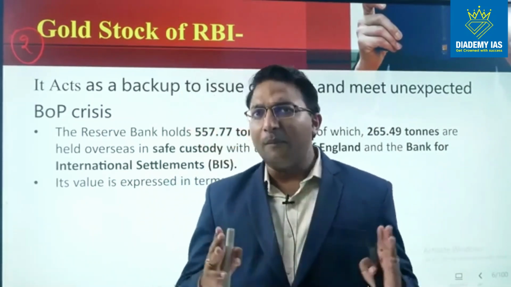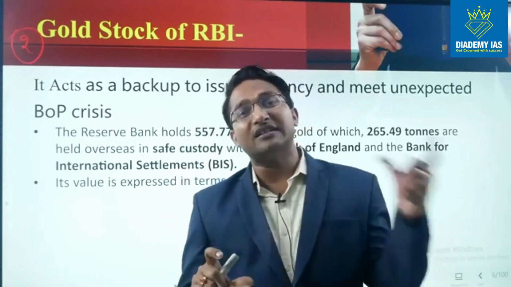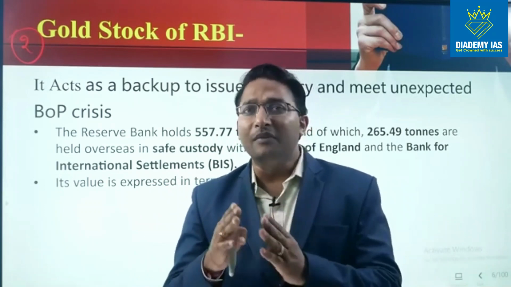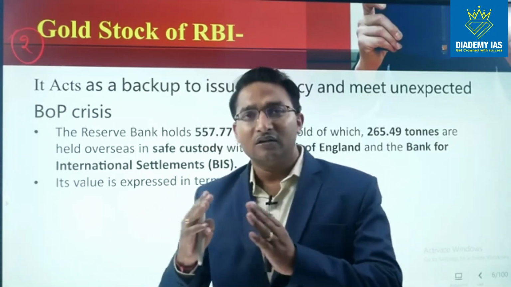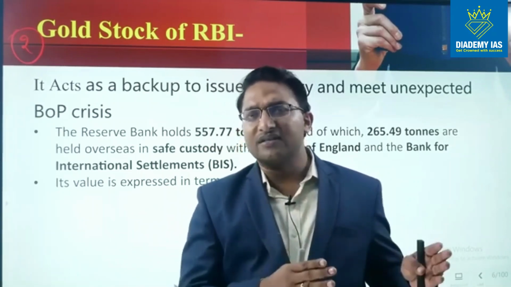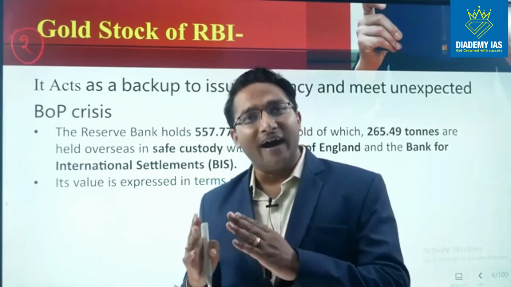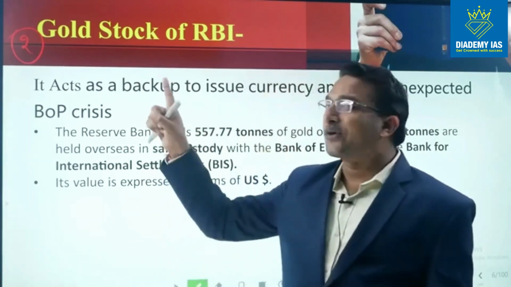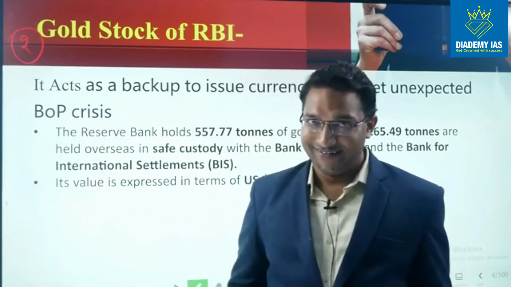The concept of minimum reserve system says that if the RBI wants to issue the currency, then RBI has to keep a minimum reserve of some foreign currency, some gold, etc. So as part of the minimum reserve system, a minimum amount of gold is to be kept by the RBI with itself. So this gold stock is that minimum reserve system gold only, right?